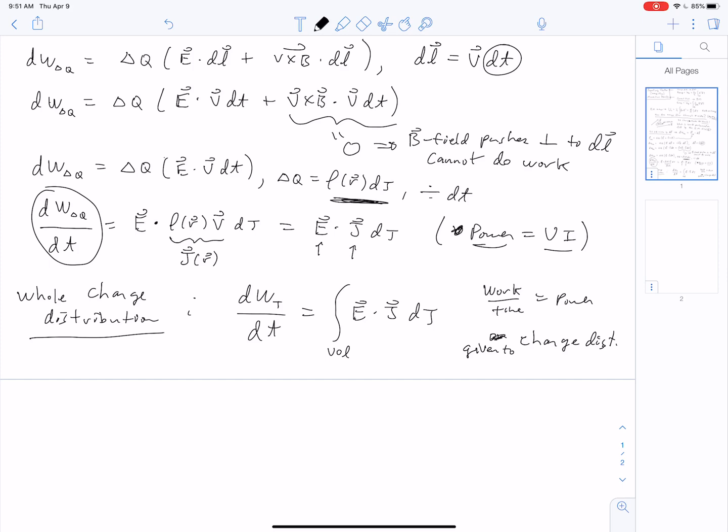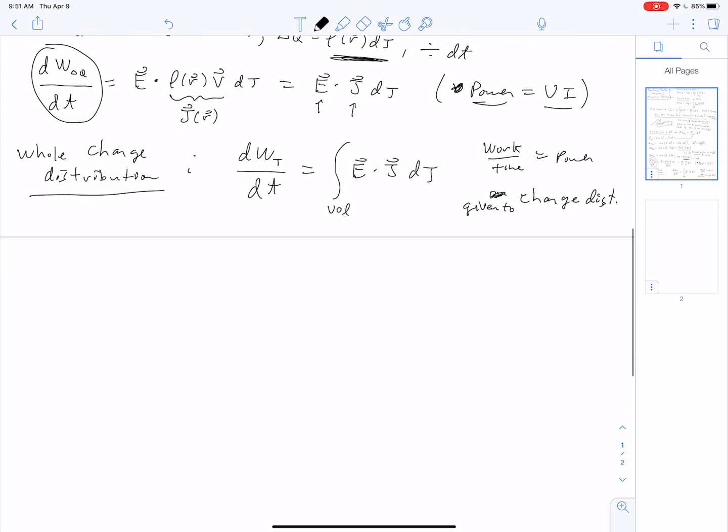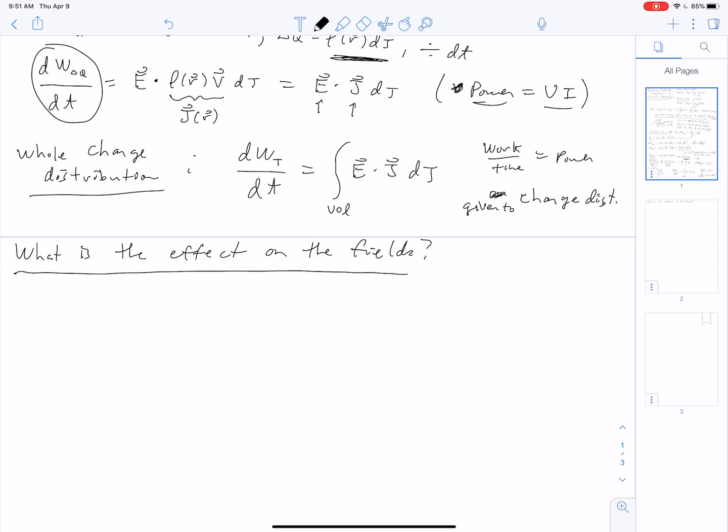But now what we want to understand better is what is the effect on the fields. And to understand that question, the idea you should have in your mind is that the charge is moving.